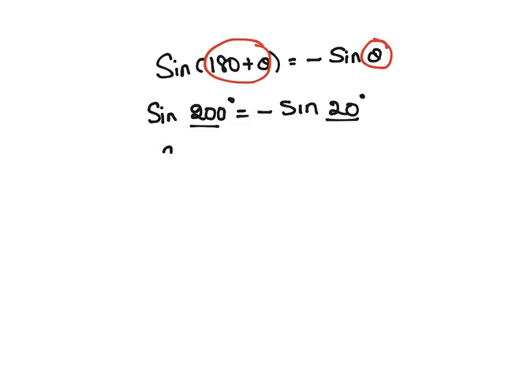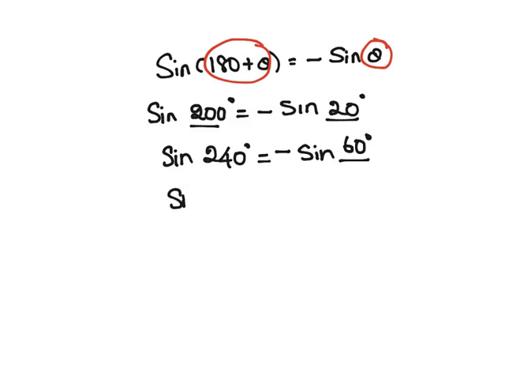Okay, so sine, let's say 240 degrees, will be equal to, I hope you can guess. So what should I write here so that the difference is 180? Yeah, I should write 60 degrees. So sine 240 will be equal to minus sine 60.